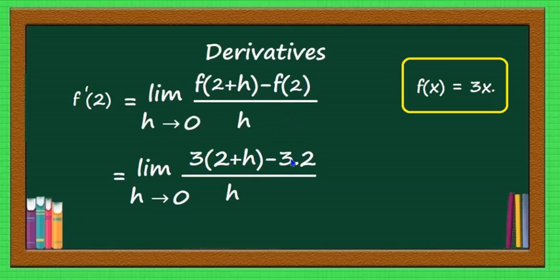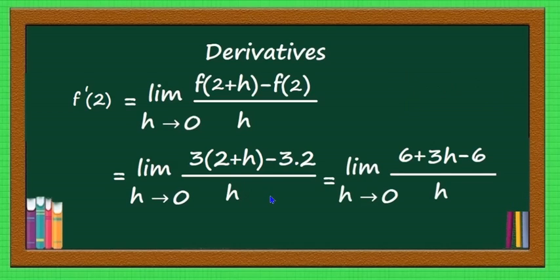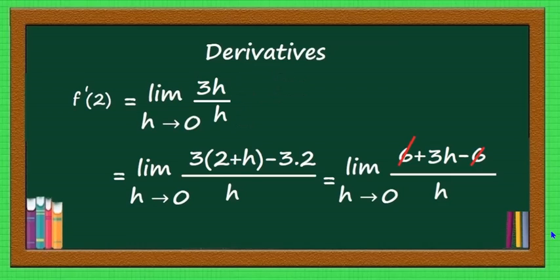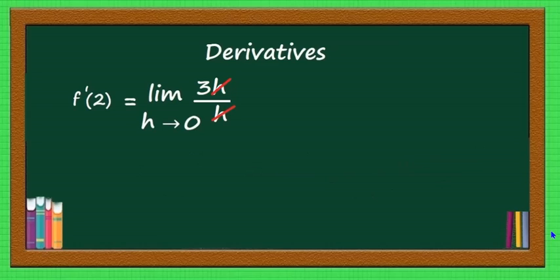F of 2 is equal to 3 into 2 divided by h. That is equal to limit h tends to 0, 6 plus 3h minus 6 divided by h. 6 gets cancelled, and that is equal to limit h tending to 0, 3h by h. And now h gets cancelled, and limit h tends to 0, 3, which is equal to 3.